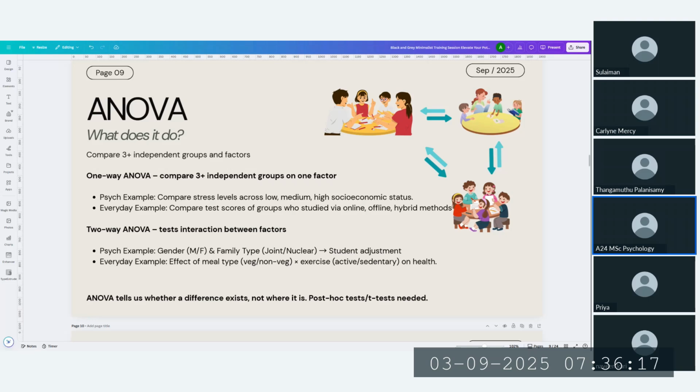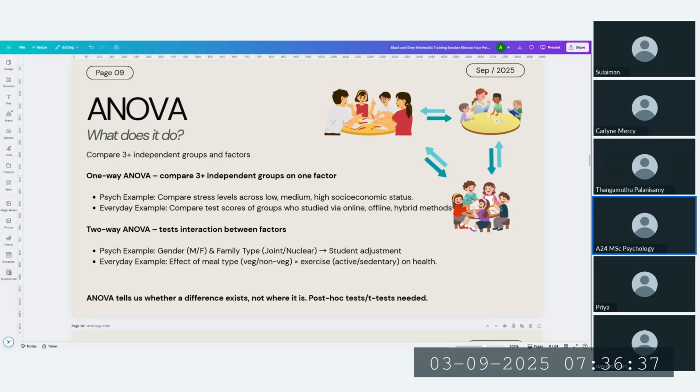An everyday example: you compare test scores of children who studied online, offline, and hybrid methods. You would use an ANOVA. So anywhere where you have more than two groups and you have one factor that you are comparing them on, you will use ANOVA.